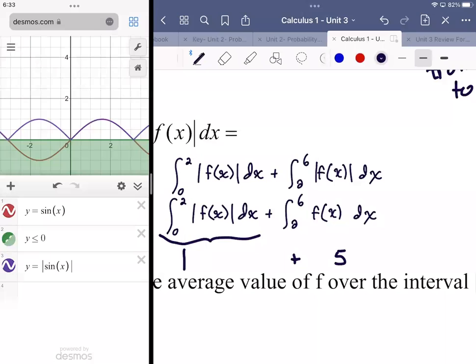So this could be thought of as the absolute value over the interval of 0 to 2 of f of x dx. And then close the absolute value. I'm going to make this look more absolute value-y.